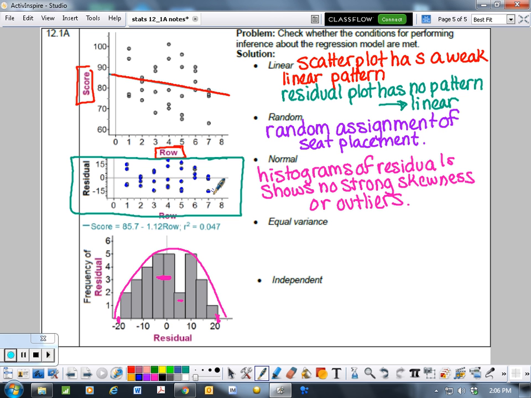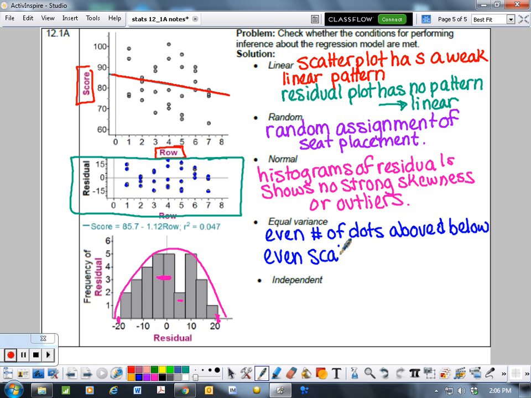They all look pretty well scattered. So an even number of dots above and below, and there is even scatter on both sides.